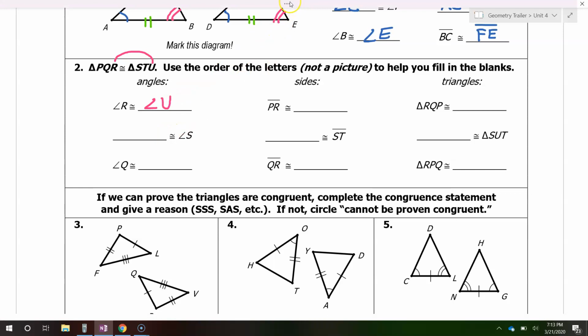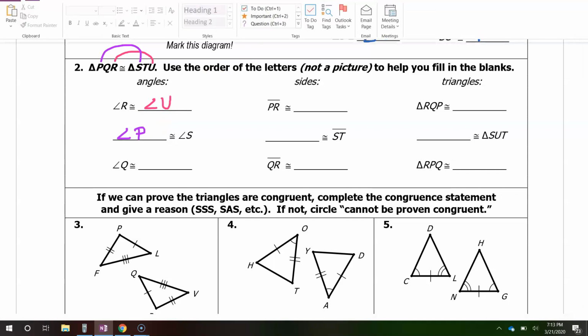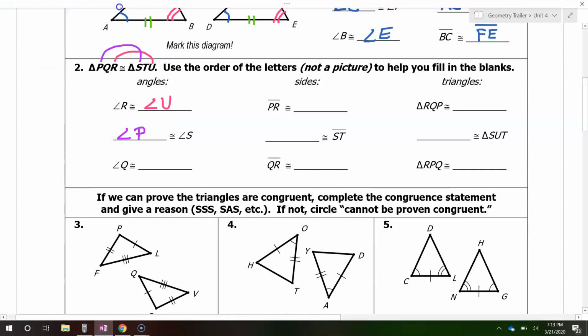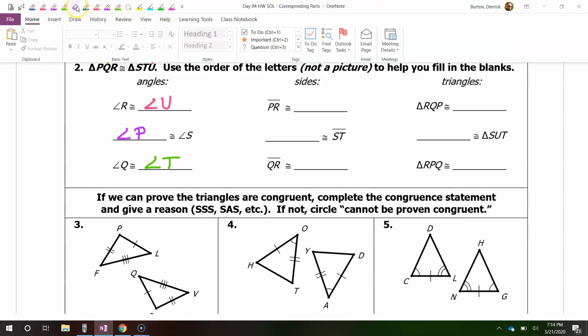What else? Angle S is first, so angle P is going to be congruent to angle S. And angle Q must then be congruent to angle T. They're both in the middle. So that is how that works.